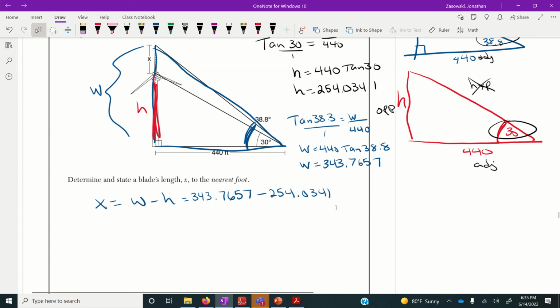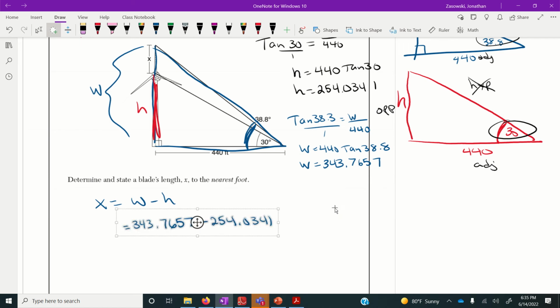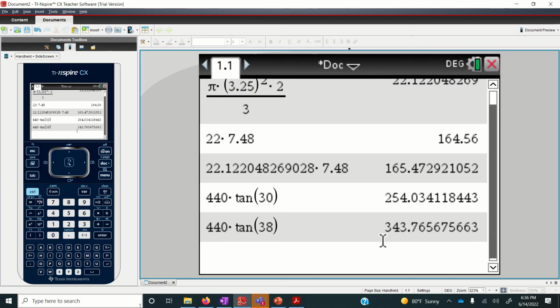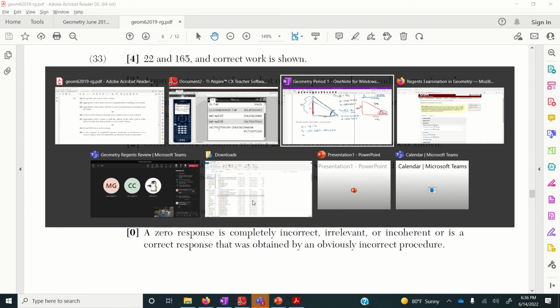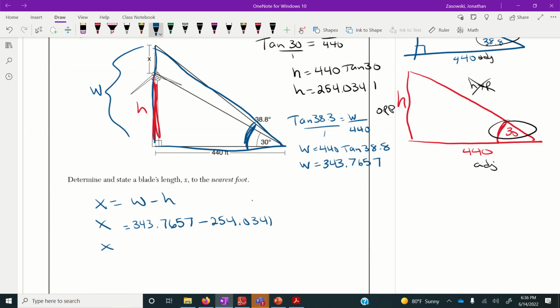I'm just going to bring this down, just so we're building. I've got room down here, so I want to make sure we have everything there. Remember, on the calculator, what we're actually going to do is go up and choose the whole decimal here, because we don't want to use the rounded version on this question. It's still part of the same question, and we don't want to lose points because of rounding.